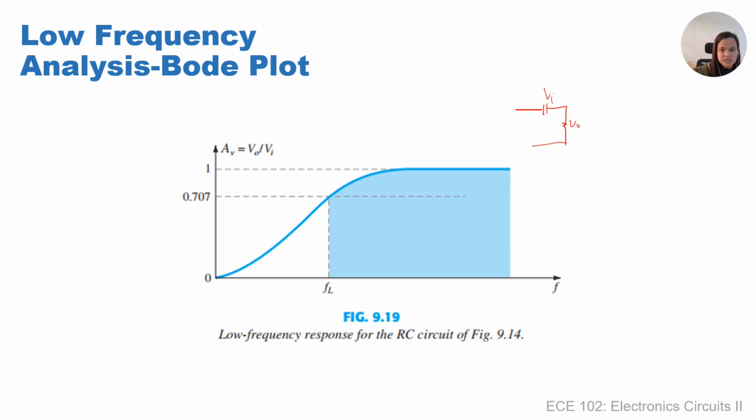As we increase the frequency applied to the system, V out approaches V in, so the capacitor acts as a short circuit. As the frequency gets higher, the magnitude of the voltage gain approaches 1.